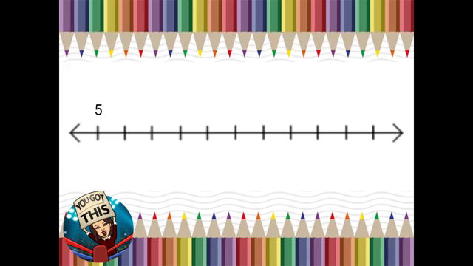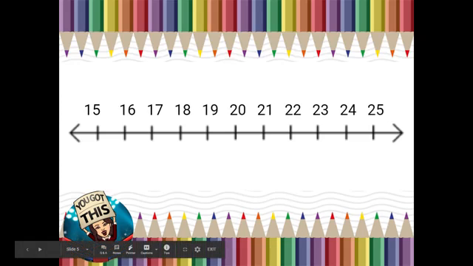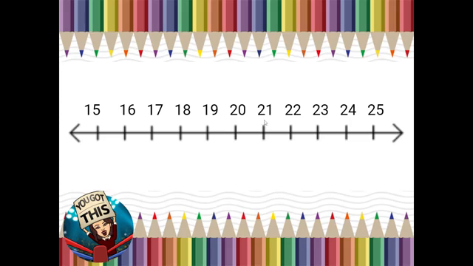But if instead I want to start with a different number, I can also do that. Let's say I want to start with 15. So I would start with 15 and then add the rest of my numbers. Let's count them together. 15, 16, 17, 18, 19, 20, 21, 22, 23, 24, and 25.